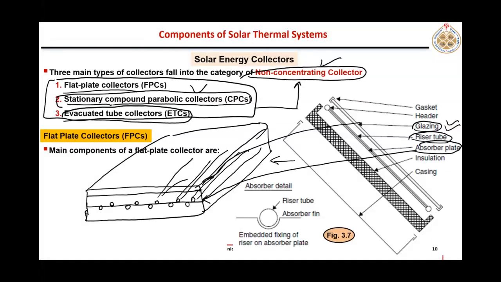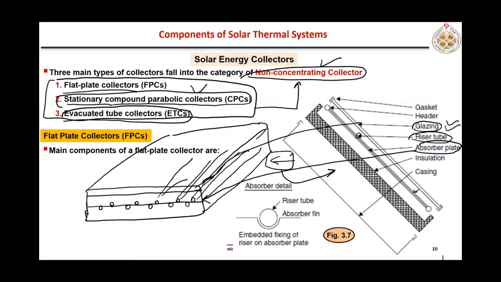If you see from this side, this view is shown here actually, a tilted collector. So this riser tube is shown like a long pipe here, right? And here the absorber plate is at the bottom, riser tube is at the top. It could be at the top, it could be at the bottom. Both designs are used.